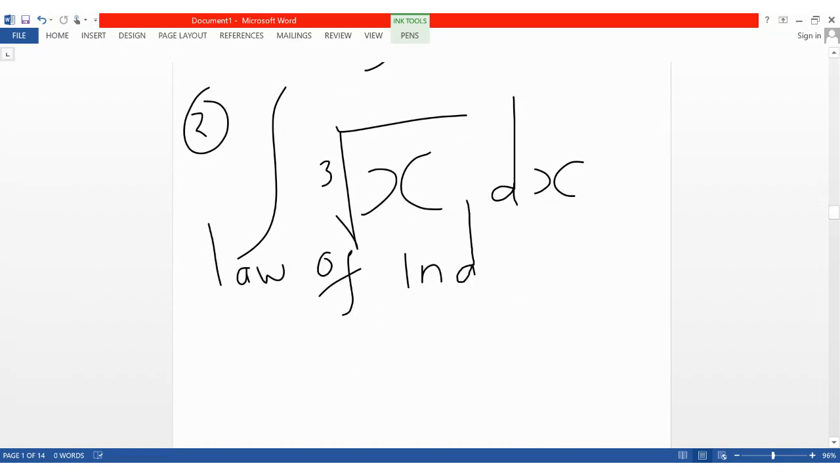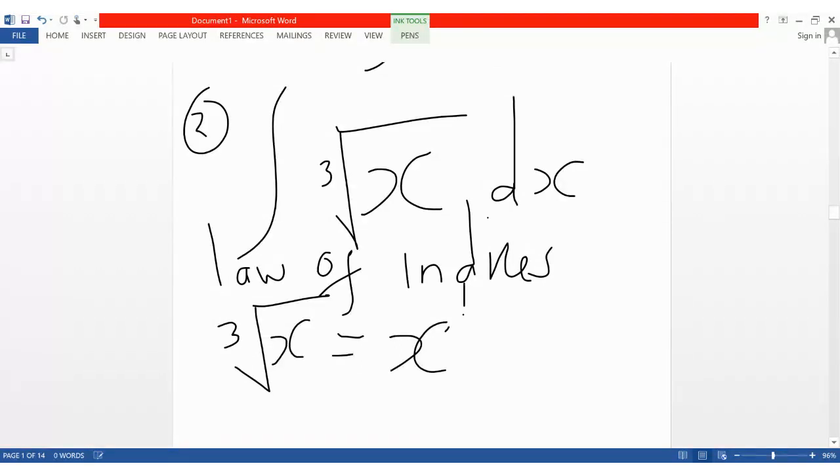So the third root of x, the 3 is outside, is the same as x to the 1 over 3, because remember, x can be given as power 1. If it was a square root, it would be a half. Third root, a third. Fourth root, a fourth. Fifth root, 1 over 5. Sixth root, 1 over 6. 100th root, 1 over 100.